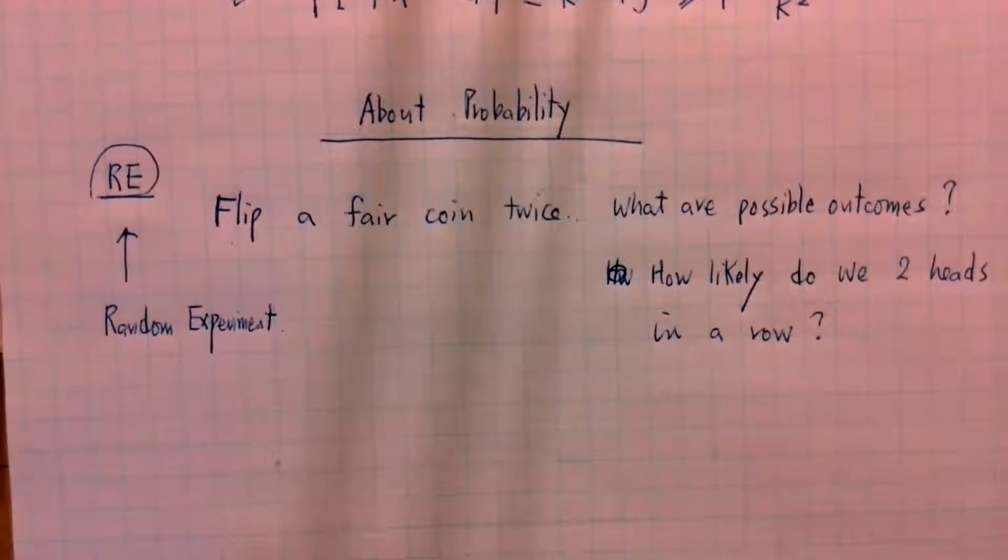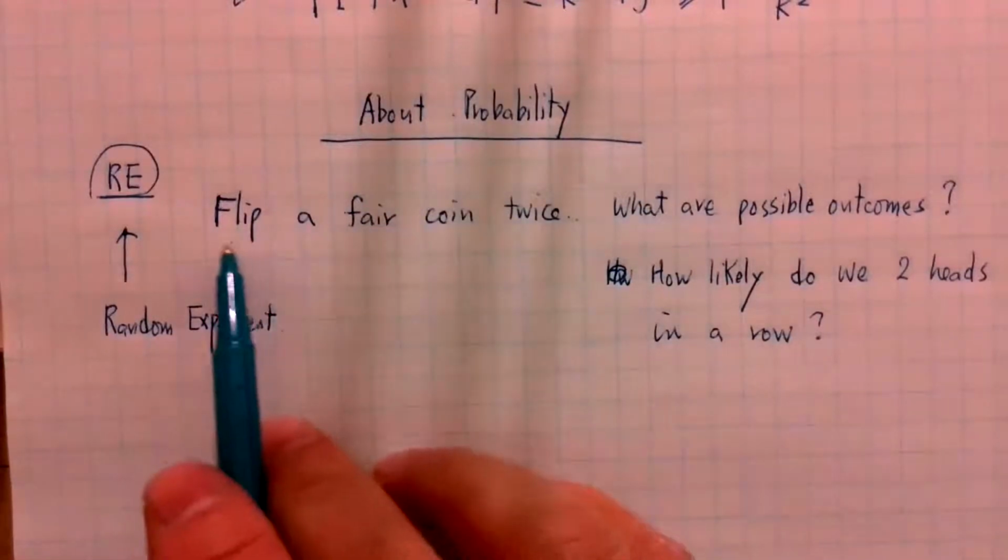The reason it's random is because it has at least two possible outcomes, so you need to do it to see which outcome shows up. To qualify as a random experiment, we need to have at least two possible outcomes, okay?